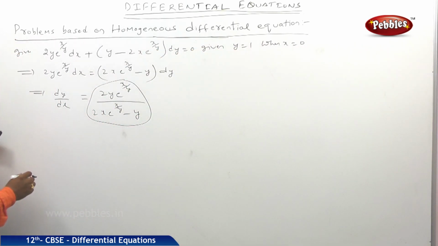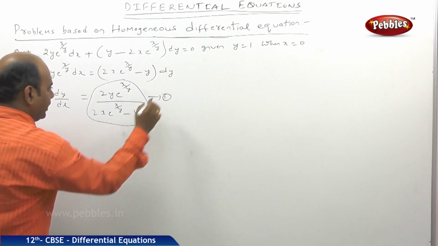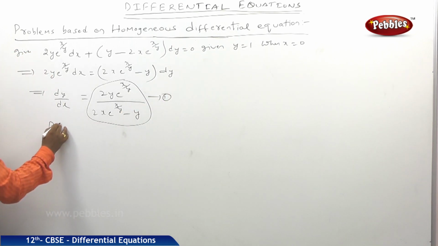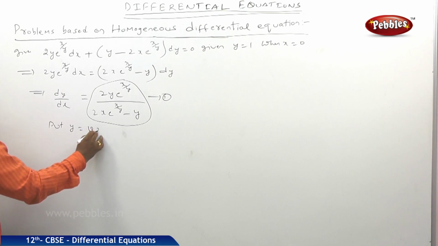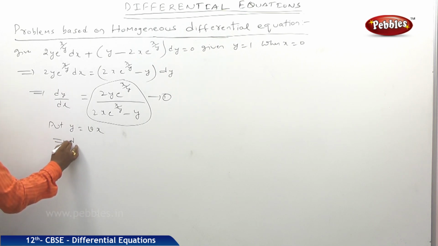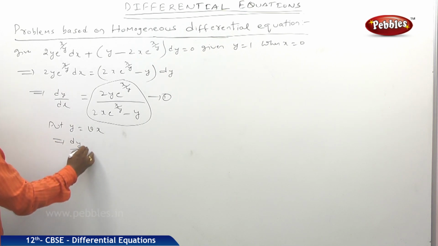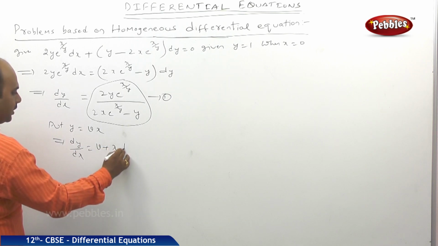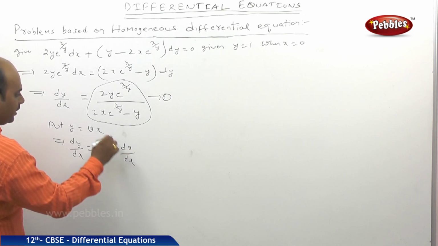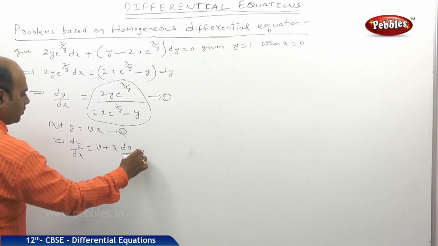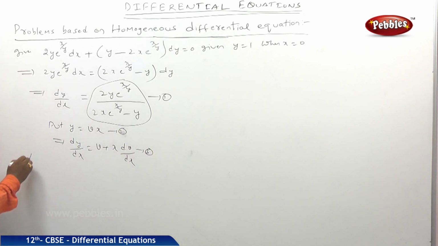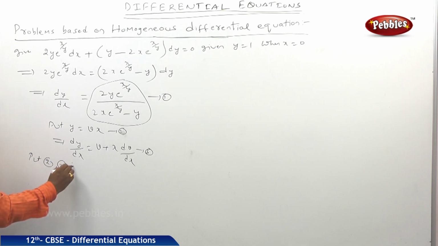So whenever homogeneous differential equation is coming, what we need to put? We need to put y is equal to vx. When I put y is equal to vx, what happens? dy by dx is equal to v plus x into dv by dx. So I call this as 2, I call this as 3. So what I will be doing, I will put 2 comma 3 in 1.